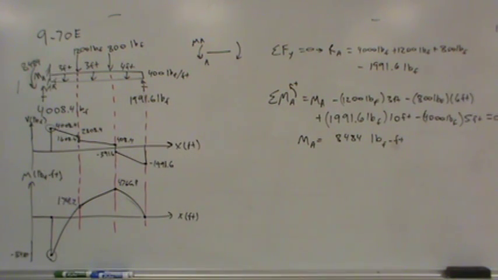Any questions? Comments? Let me look at the problem statement quickly and see if they wanted anything else. We're supposed to indicate the maximum shearing force and bending moment in the beam, so there it is. Okay.